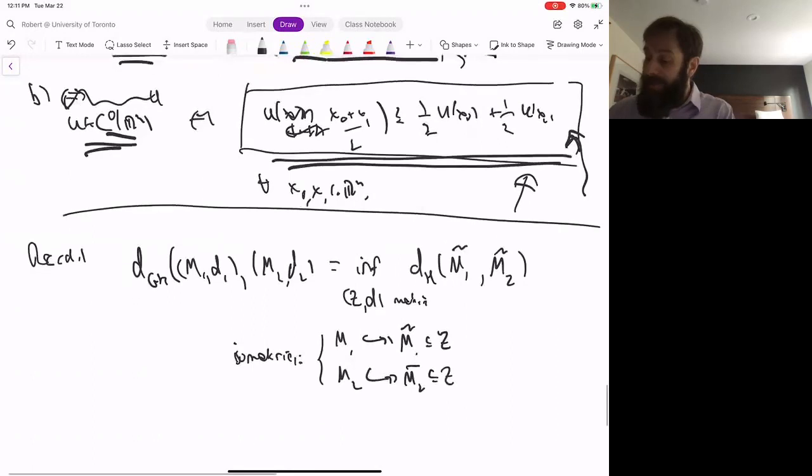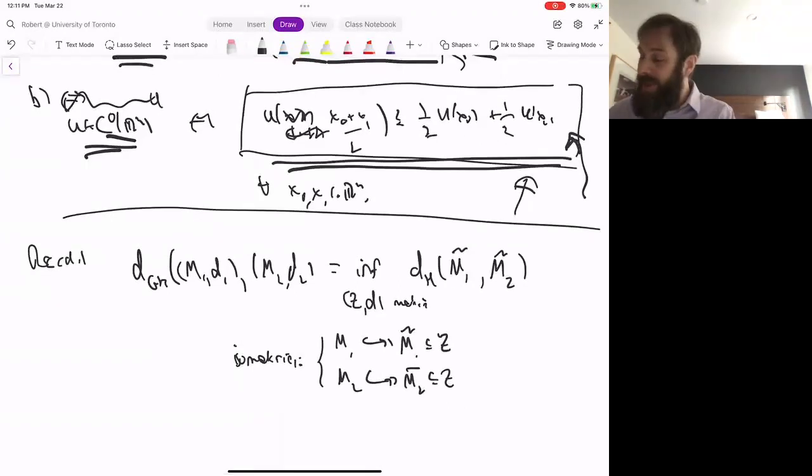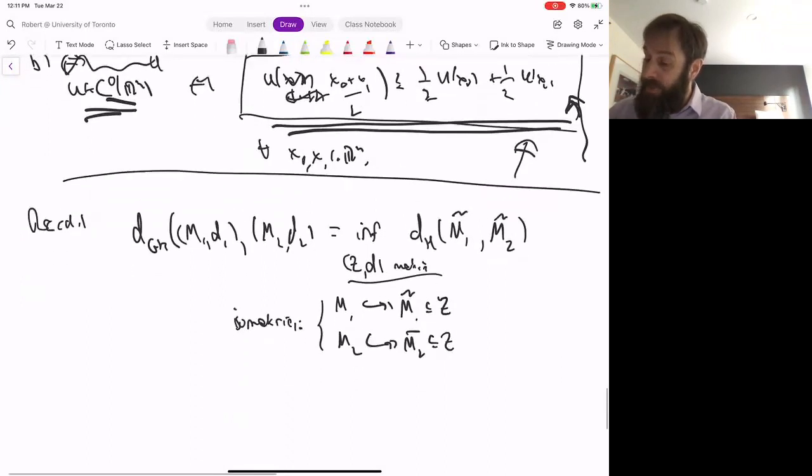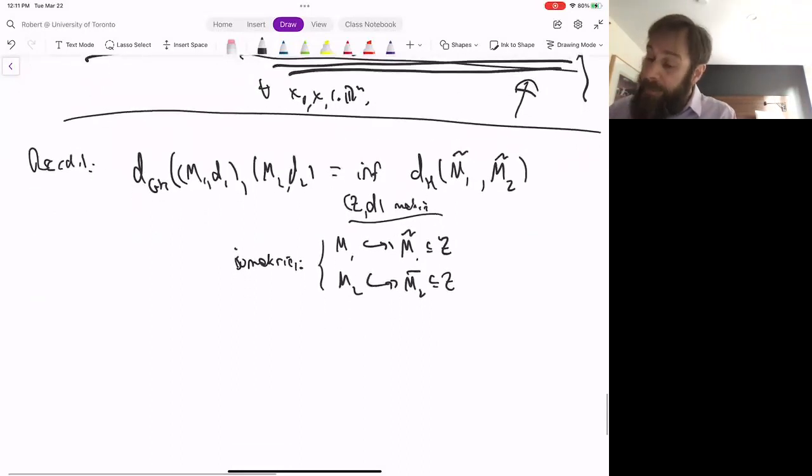That's sort of a horrible way to think about it, because there's way too many possible target spaces Z, and it's hard to think about what those isometric embeddings might look like. So somehow this is too big to work with.